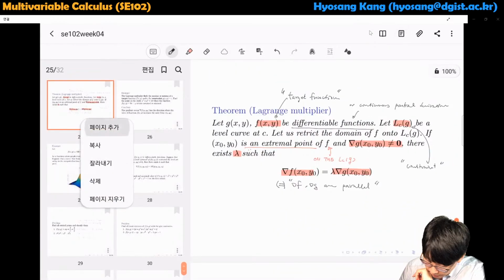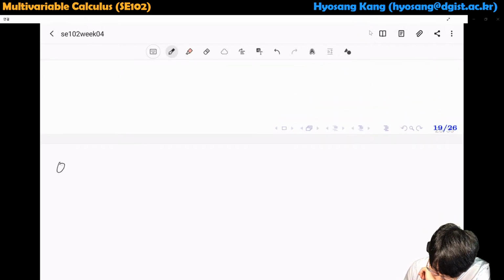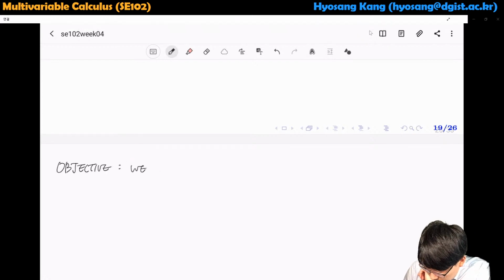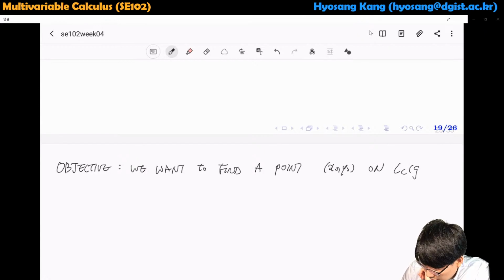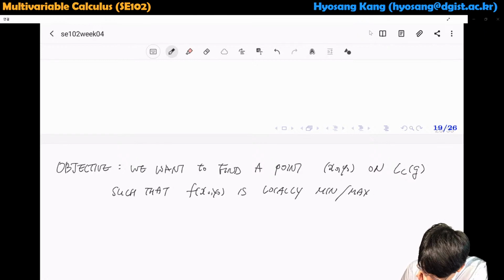Here I'm going to take another page. The objective is that we want to find a point (x0, y0) on this constraint such that f of (x0, y0) is a local minimum or maximum on this level set.